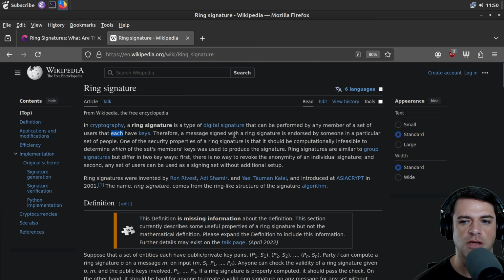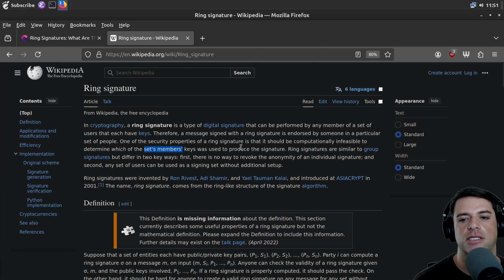Therefore, a message signed with a ring signature is endorsed by someone in a particular set of people. One of the security properties of a ring signature is that it should be computationally infeasible to determine which of the set's members' keys was used to produce the signature. I am going to interpret this to mean that the main thing that's infeasible to determine is which person signed the thing.